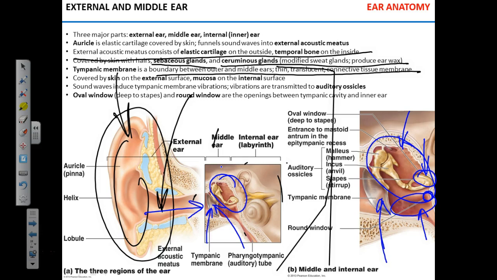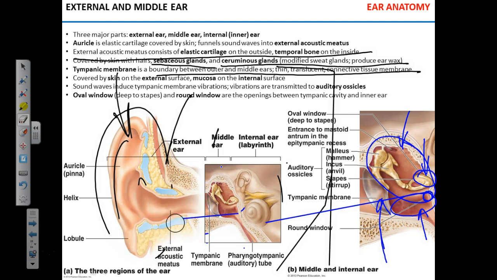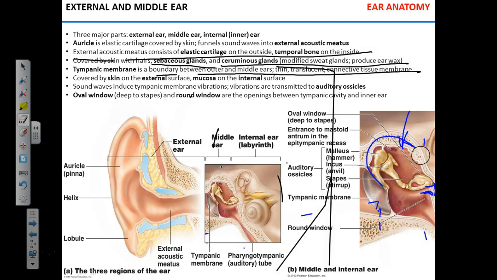Let's recall the movement of sound, those mechanical vibrations that we just talked about. Sound is first channeled by the auricle into the external acoustic meatus.